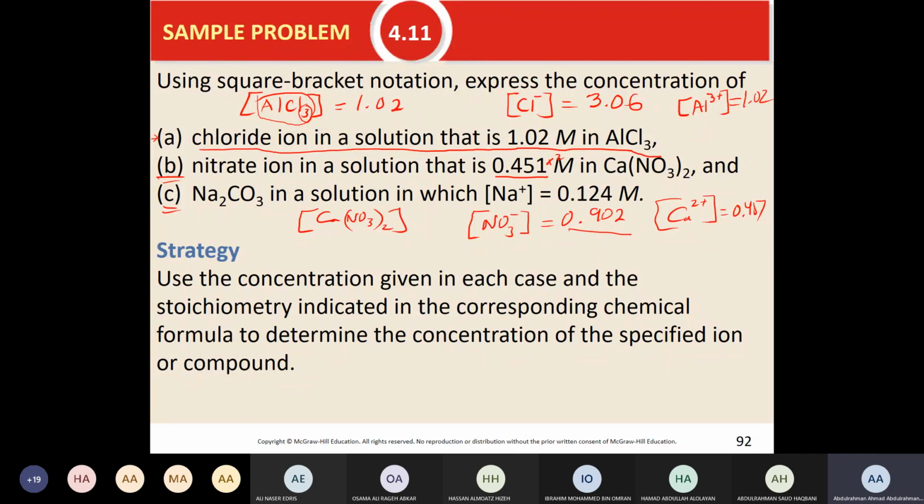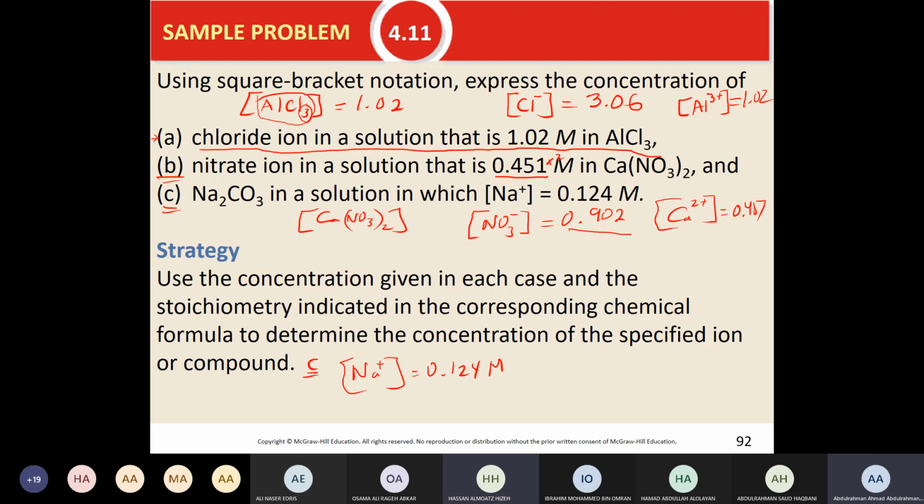Let's solve C. Read C and solve it. Na2CO3 in a solution in which the concentration of Na plus is 0.124 molar.